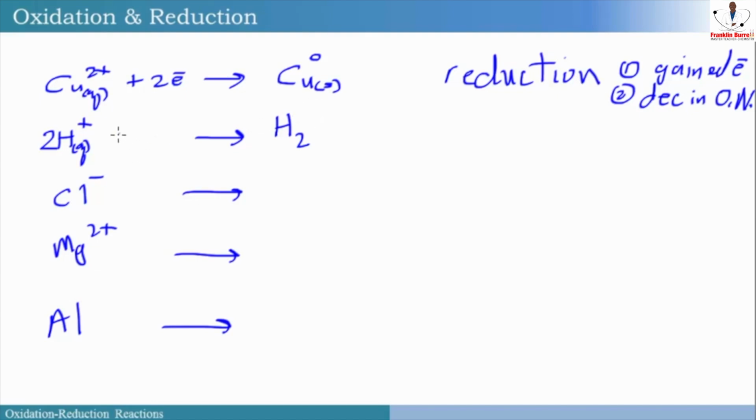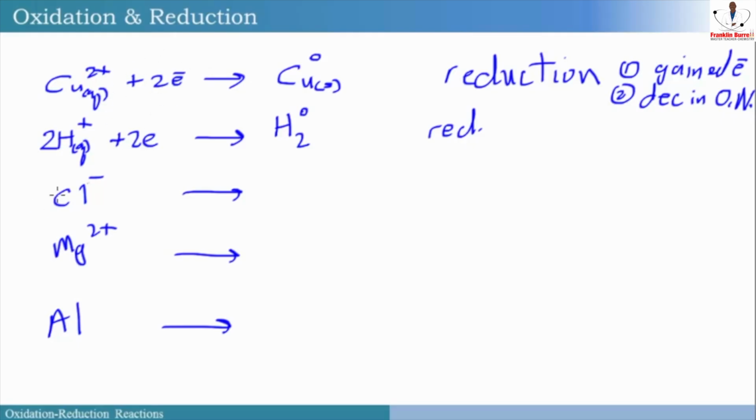Well, I think we need to gain 2 electrons here. If we gain 2 electrons, we would cancel out these 2 positive charges, which would now give us a 0 charge for our molecule here. Again, this process is reduction. And notice, every time you have reduction, electrons are placed on the left-hand side of the arrow.